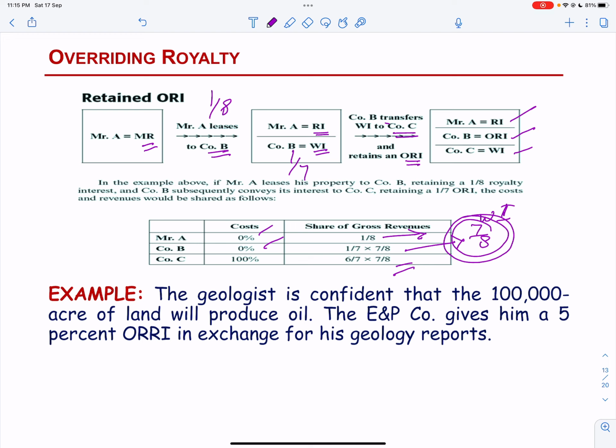The oil and gas companies grant overriding royalty interest to investors, geologists, landmen, and lawyers as compensation for their services. Holders of overriding royalty interest are also called the landowner's interest and have executory rights over the mineral rights.